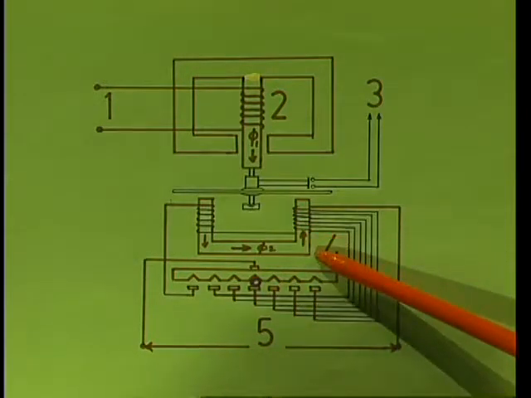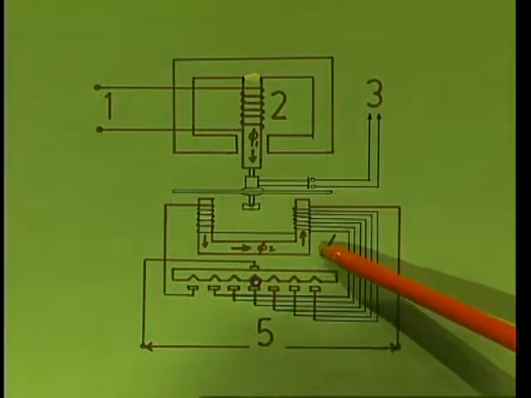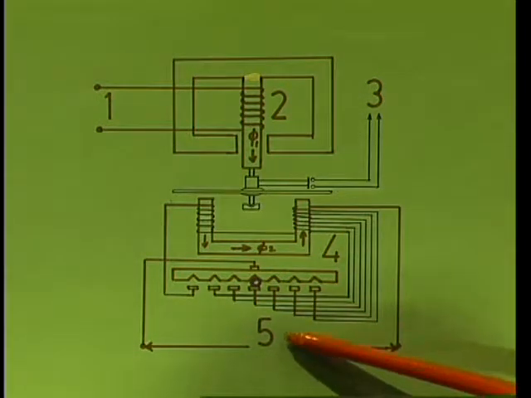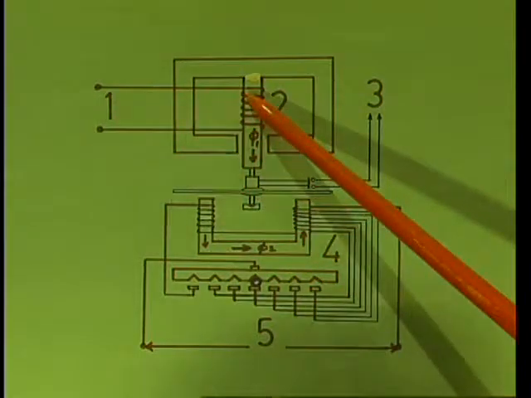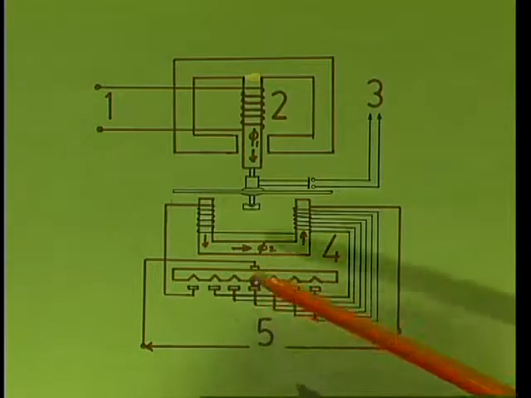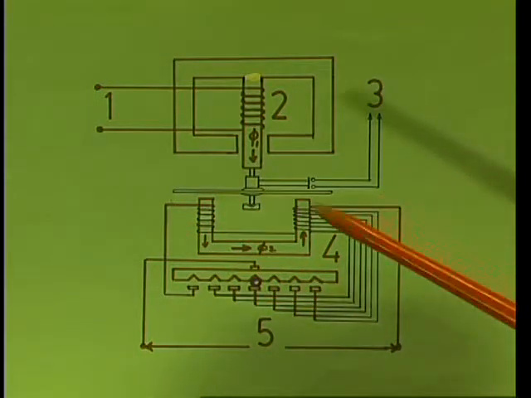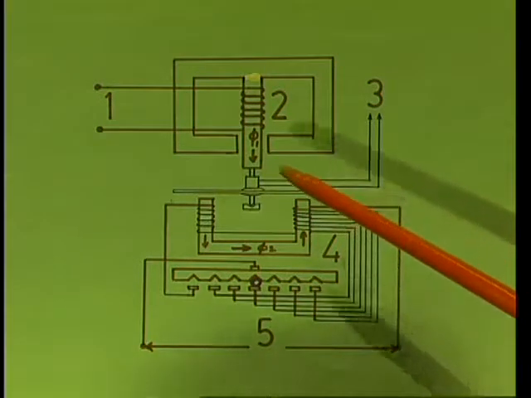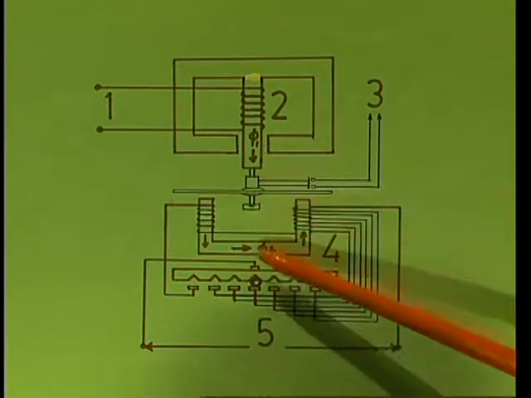Fourth one is the lower electromagnet. In this, voltage as well as current are both provided. The voltage of the circuit to be protected is provided here, and the current is provided through the current transformer. And here is a disc. The disc rotates depending upon the interaction of the fluxes induced in the disc.